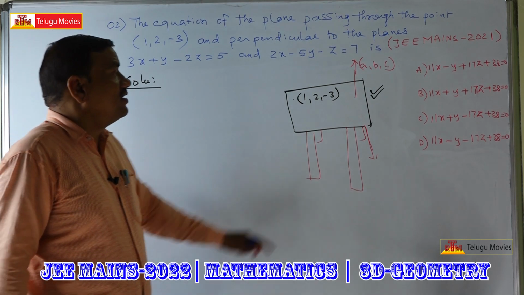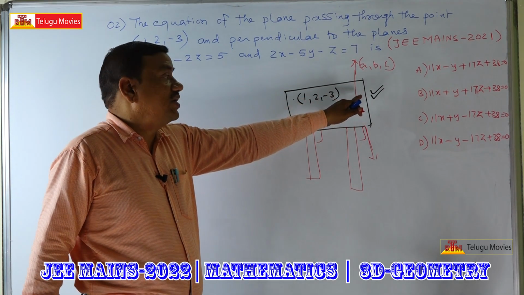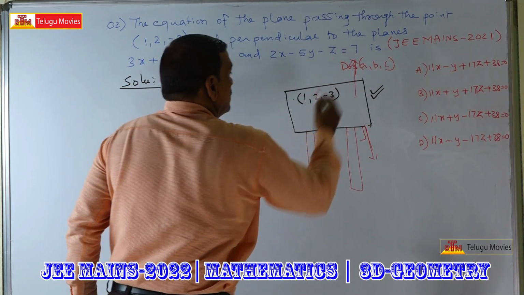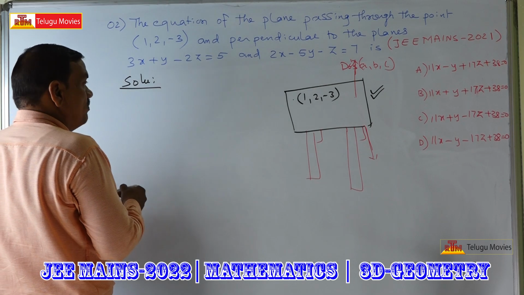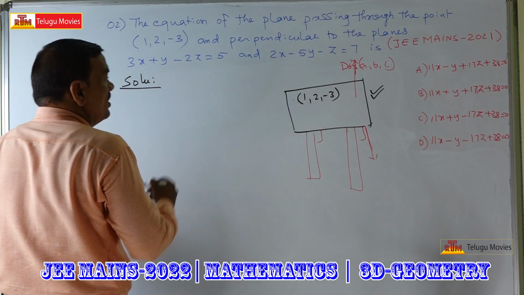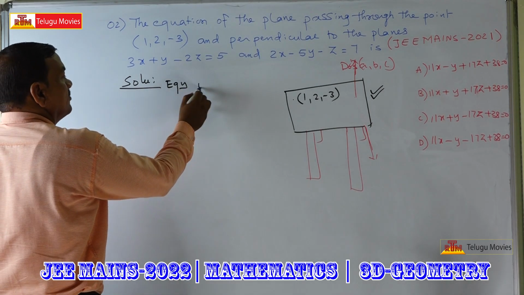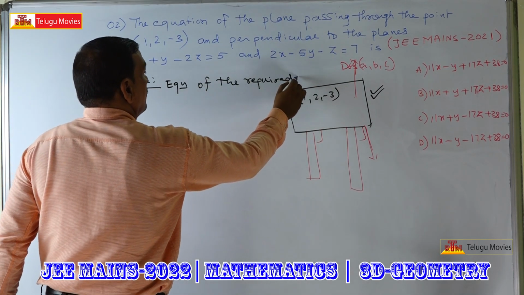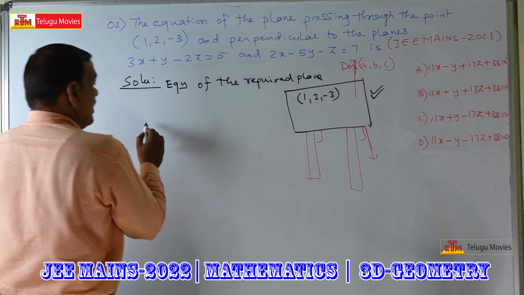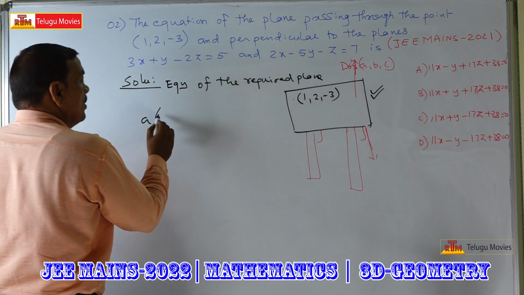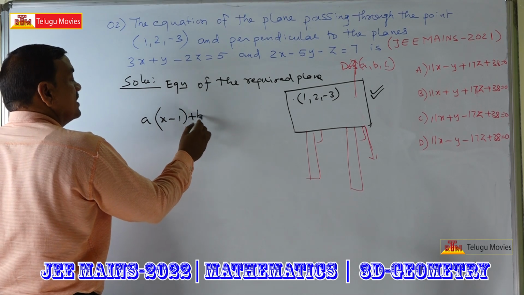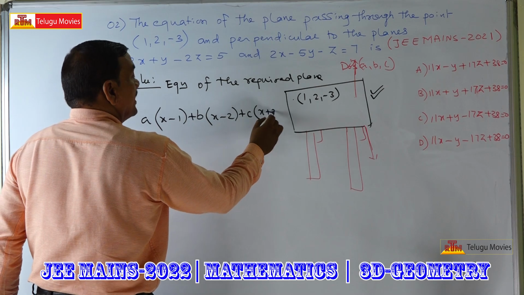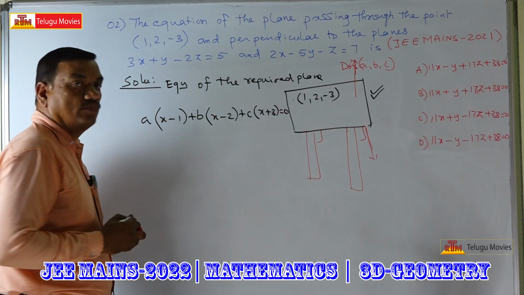So let the DRs of the normal of the required plane be a, b, c. Then the equation of the required plane is a into (x minus 1) plus b into (y minus 2) plus c into (z plus 3) is equal to 0.